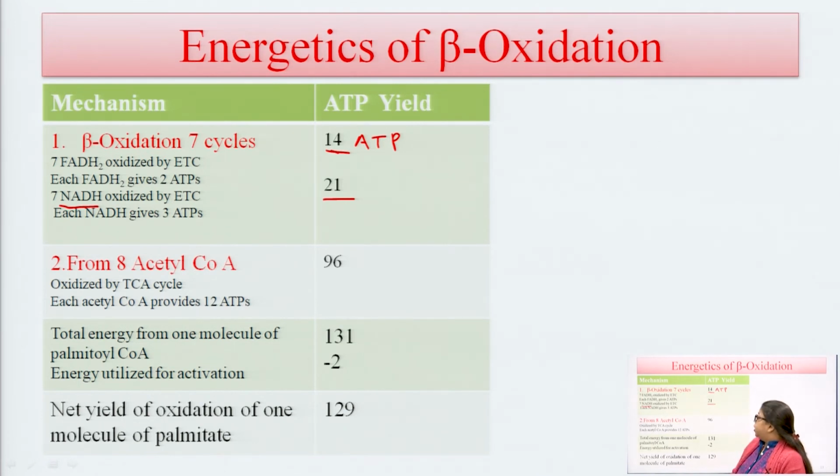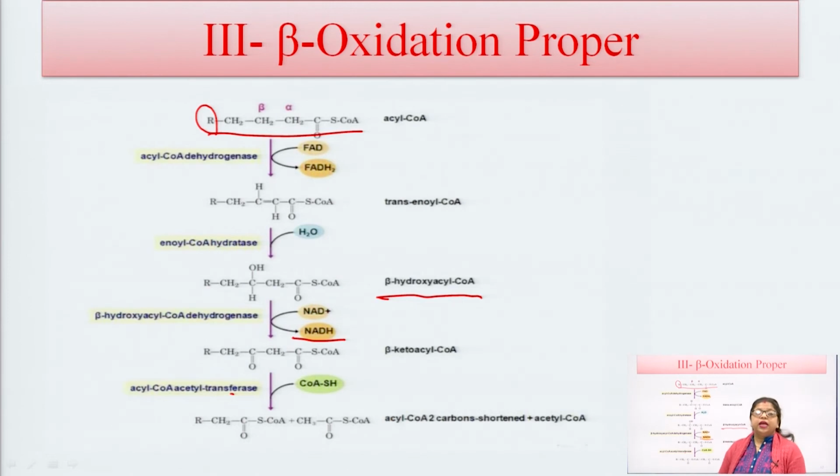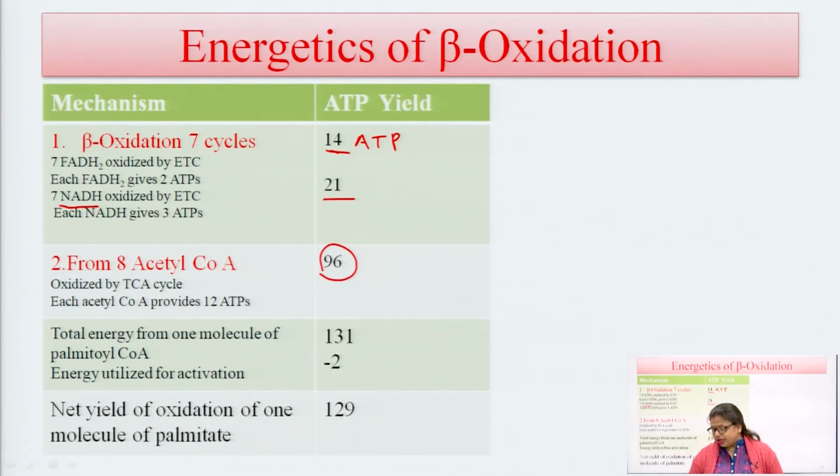The 8 acetyl coenzyme A are oxidized in the TCA cycle or tricarboxylic acid cycle, which is also known as the Krebs cycle. In the Krebs cycle, 96 ATP are formed. We also know that in the activation of palmitic acid, in the first step, if you remember, activation of fatty acid required 2 ATP molecules.